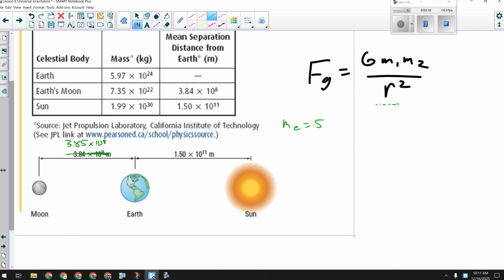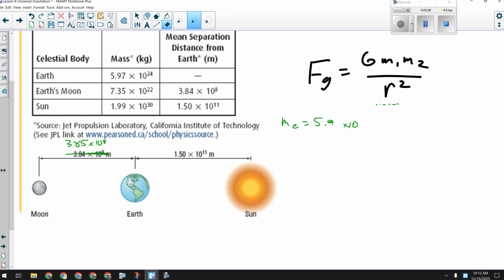Mass of the Earth, 5.98 times 10 to the 24, mass of the sun, 1.99 times 10 to the 30, and the mass of the moon is 7.36 times 10 to the 22 kilograms.